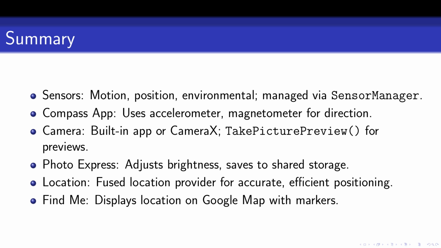These examples showcase practical ways to combine hardware access, system services, and UI composition using modern Android APIs with Jetpack Compose. By the end of this journey, you now have the foundation to build powerful, sensor-aware, location-based mobile apps that are reactive, user-friendly, and ready for real-world deployment.